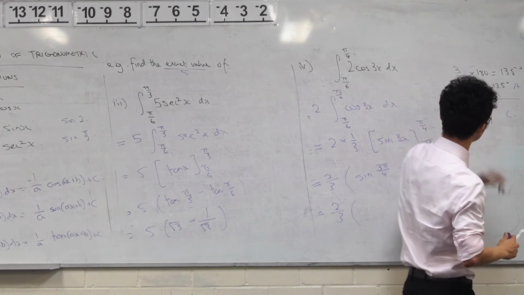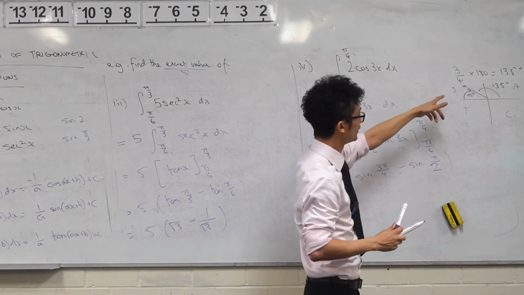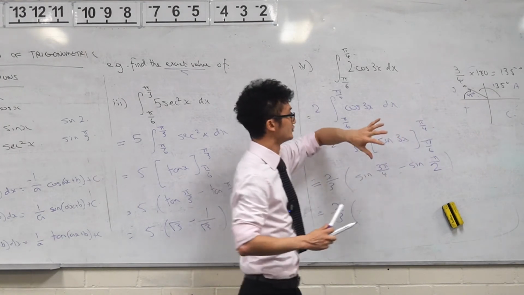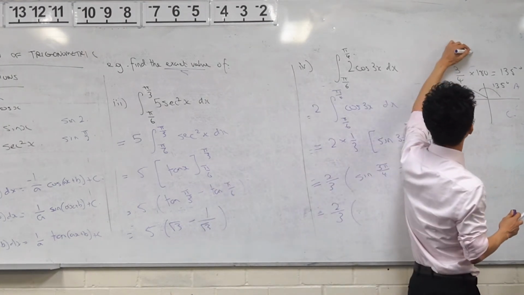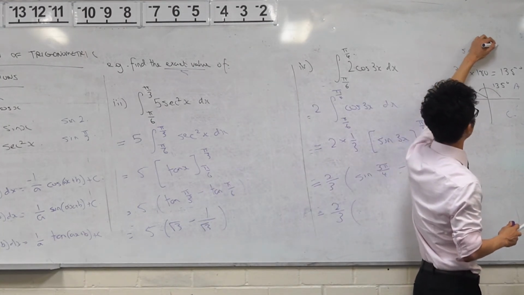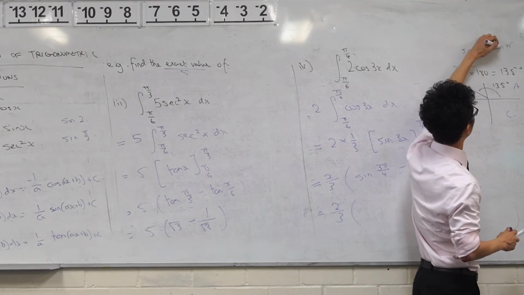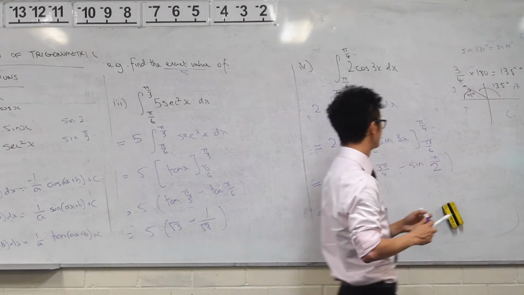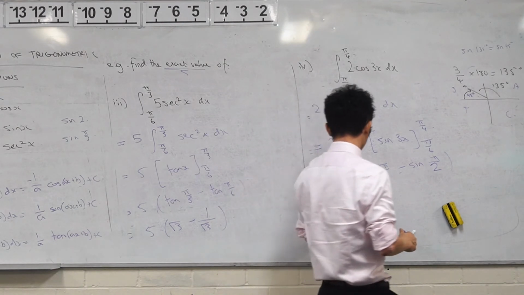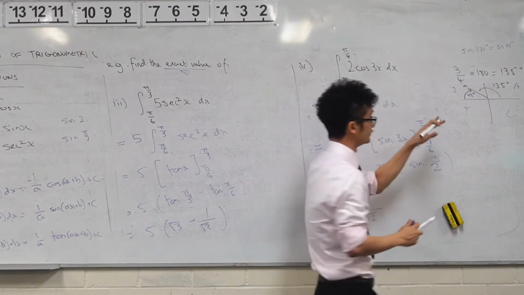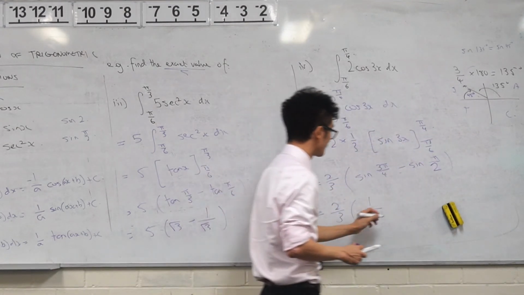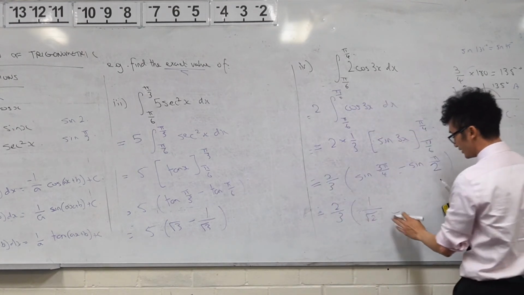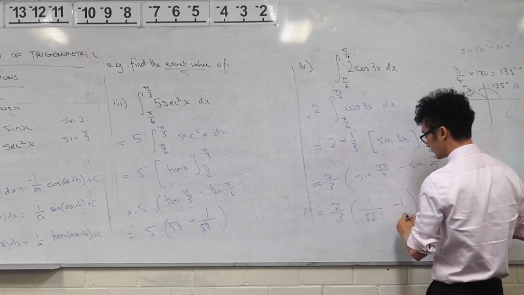So remember, all stations are central. So it's sine, and it's in the second quadrant. So it is positive. So I know that sine 135 is the same as sine 45, which means you still have to know sine 45, right? Which is 1 on root 2. So that's 1 on root 2 for that. But that's the process you use to check any kind of quadrant, right? And then sine of pi on 2, that's just going to be 1, right?